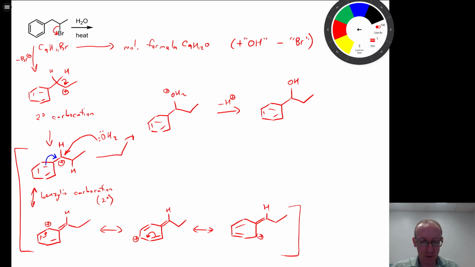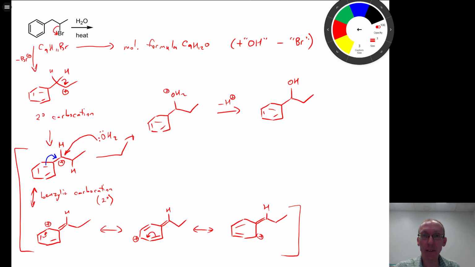Okay, so hopefully that shows you how we don't just have to think about tertiary versus secondary, primary, and methyl in terms of stability of carbocations. We also need to think about resonance effects. And so for this question, recognizing that we're getting an alcohol as the product via a carbocation is one half of the question. The second half is recognizing that we're going to get a rearrangement before we get the nucleophile capturing the carbocation. And so we're going to get this benzylic carbocation that's captured by water to give this benzylic alcohol.